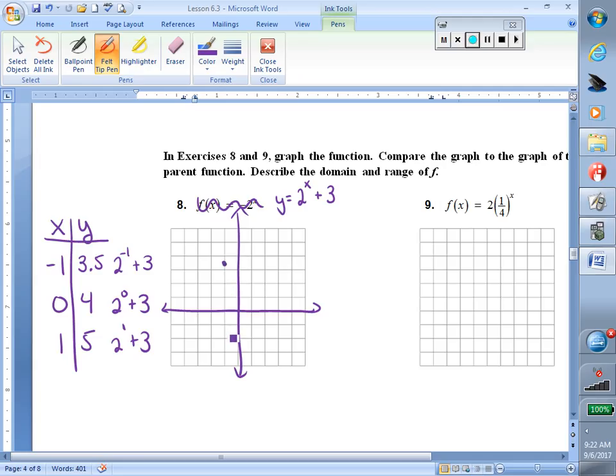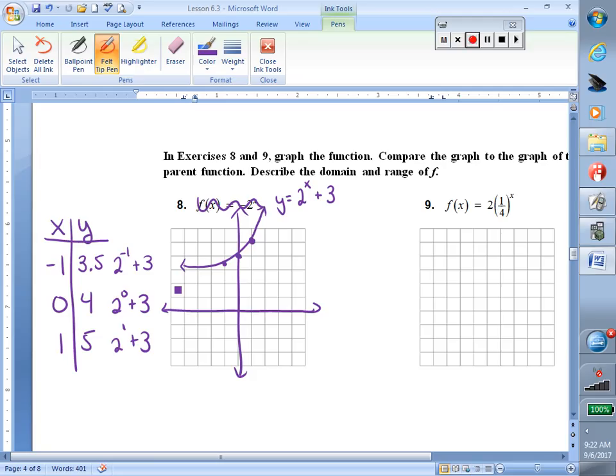And that's okay to graph right in between. X is 0, y is 1, 2, 3, 4. X is 1, y is 1, 2, 3, 4, 5. So we get that nice curve shape to our graph.